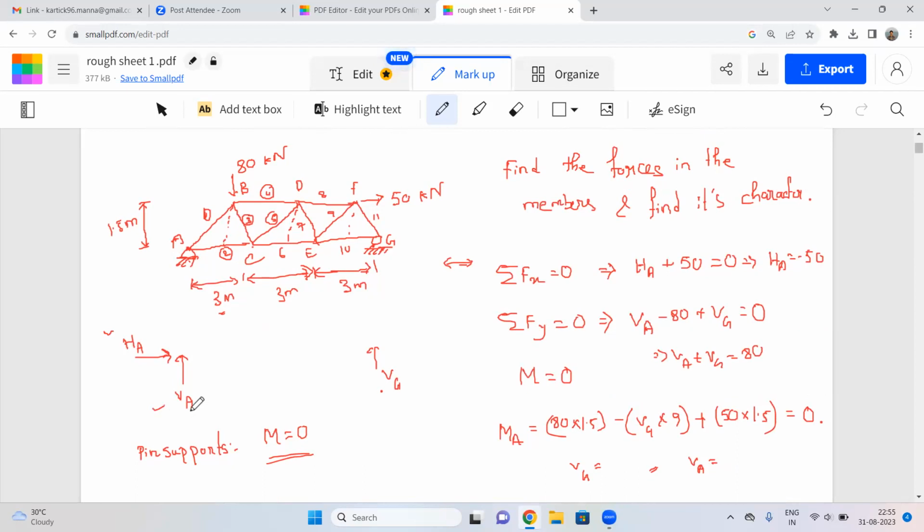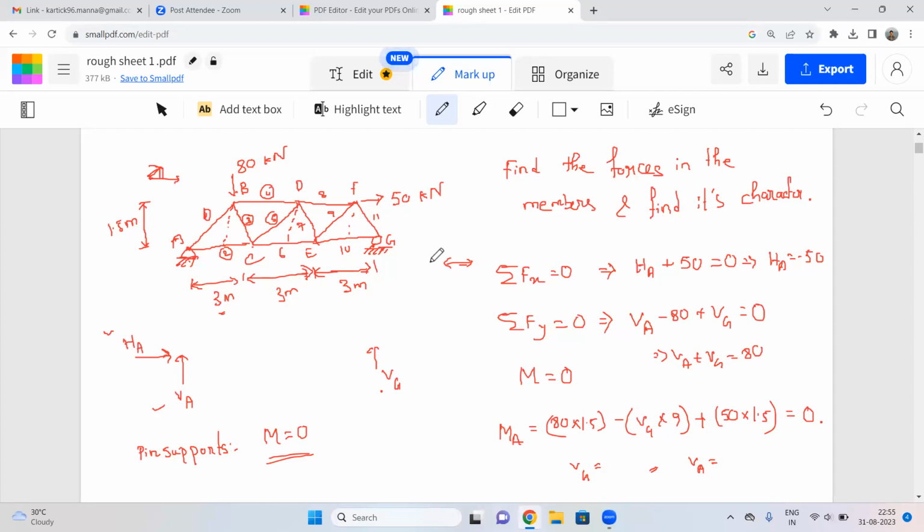Also, for this AB member, there will be one force in that direction. Suppose AB tries to elongate, so that is the direction for AB. Similarly, for AC also, that is the direction.